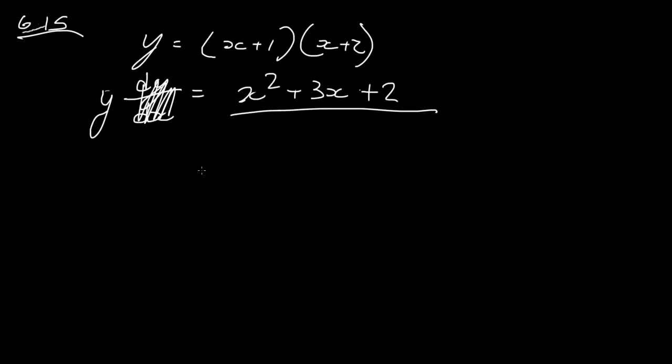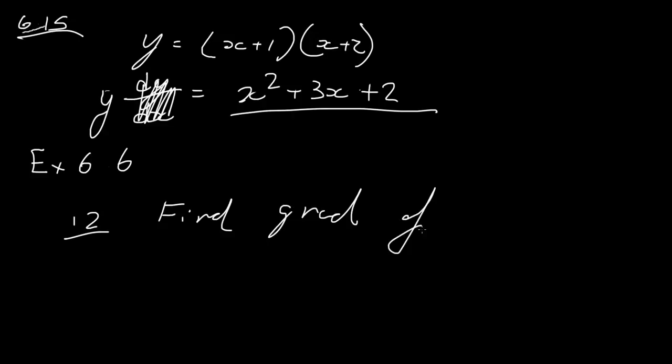Okay, then they've got a whole bunch of exercises. Just note this is exercise 6.6, let's say number 12. They say find the gradient of the curve at the given point.